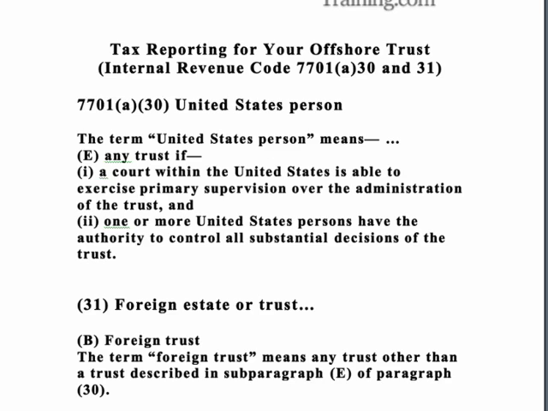But basically, if a trust is structured so that a court within the United States is able to exercise primary supervision over the administration of the trust, and one or more United States persons have the authority to control all substantial decisions of the trust, it is reasonable for your tax preparer to take a position that it's domestic.